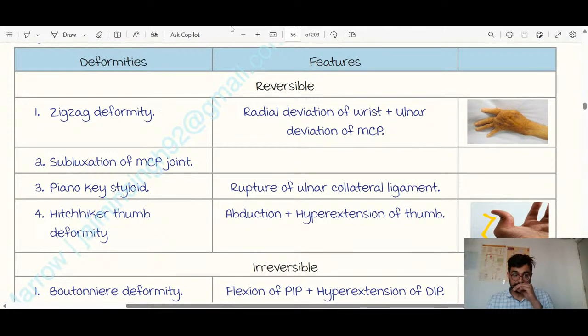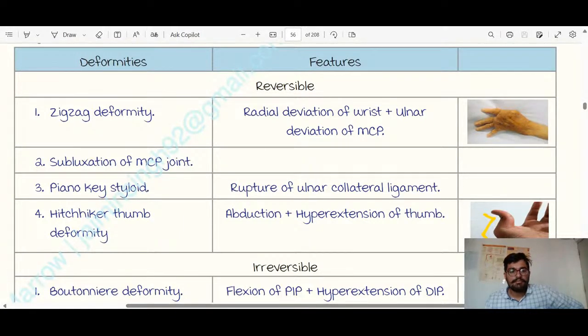Now, guys, one is the zigzag deformity. The hand will be like this; the patient's hand will be like this: radial deviation of the wrist plus ulnar deviation of the MCP, metacarpophalangeal joints. So first is this zigzag deformity. Second is subluxation of the MCP joint.